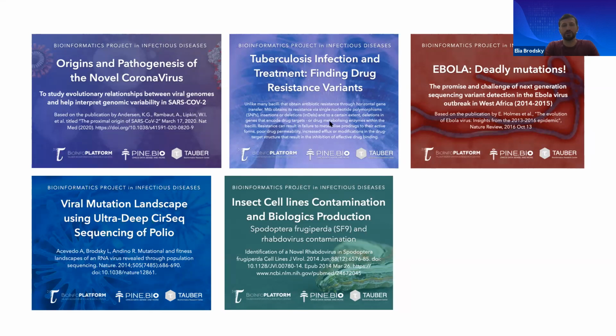And then we have some additional ones, including an analysis of tuberculosis infection for drug resistance. This is another idea of fitness or low frequency mutations that cause the viral infection to act as a kind of collection, a swarm of viruses, and their diversity correlating with the ability of the virus to cause disease.